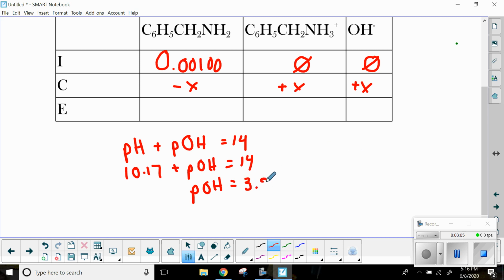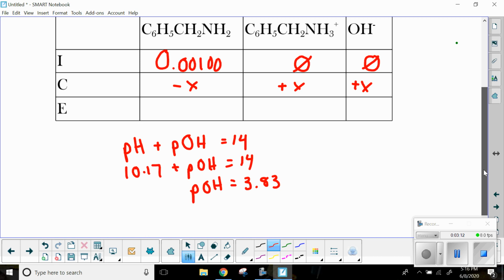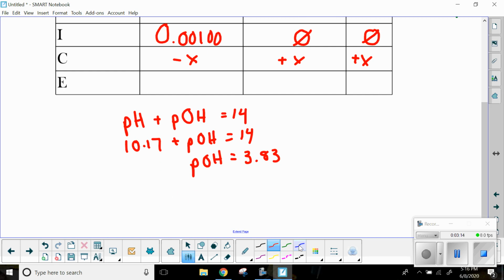So if it's very basic, I should have a very low pOH. And then I can do what I did before, and I can find the antilog of this and say 10 to the negative 3.83 is going to be my concentration of hydroxides.